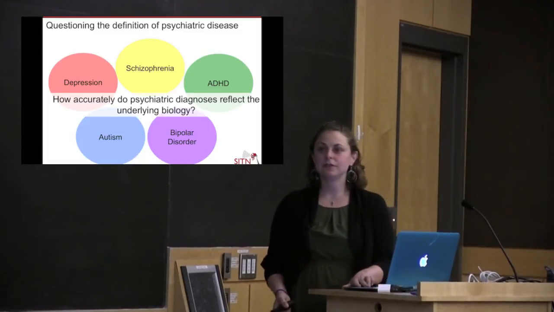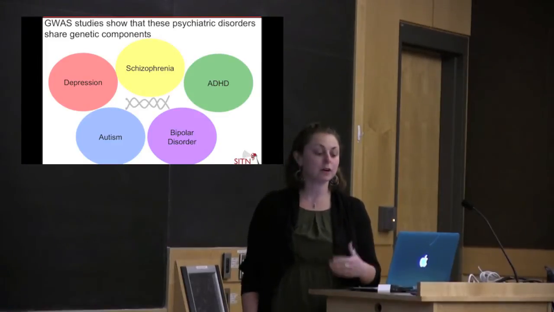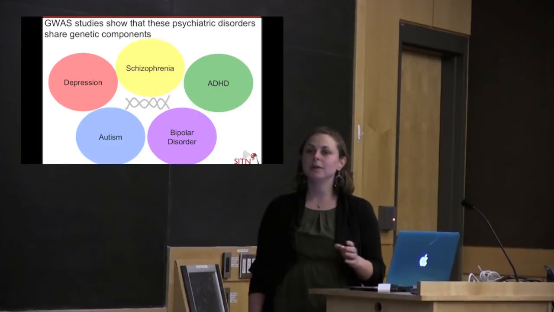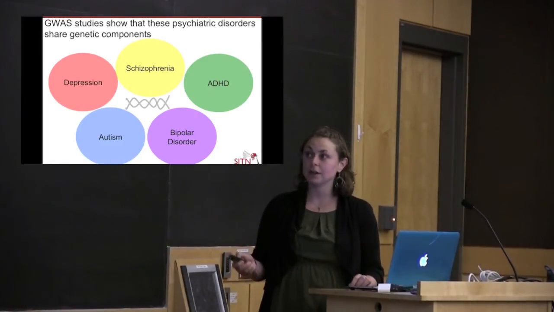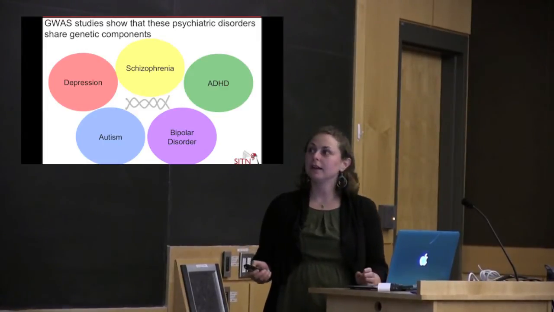And this question has been addressed in part by genome-wide association studies, or GWAS studies, which we heard about this morning, in which the genomes of individuals diagnosed with these different disorders are compared, and variations in genes are looked for that correlate with the onset of these disorders.